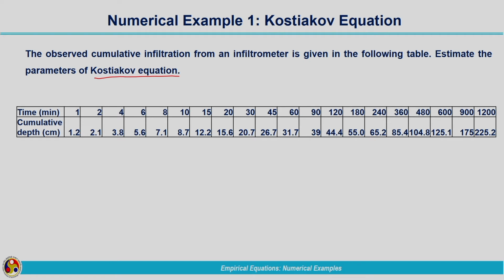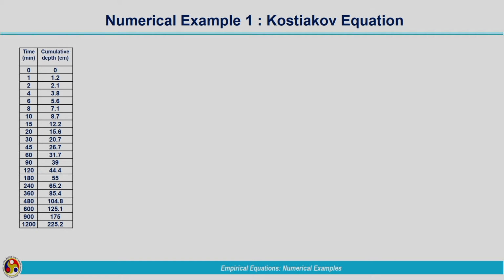So, this is the infiltration data. Time is given in minutes and cumulative infiltration depth in centimeters. By making use of these data, we need to find out the parameters corresponding to Kostiakov equation. First we are going to find out the infiltration rate, and for that we need to do some calculations.